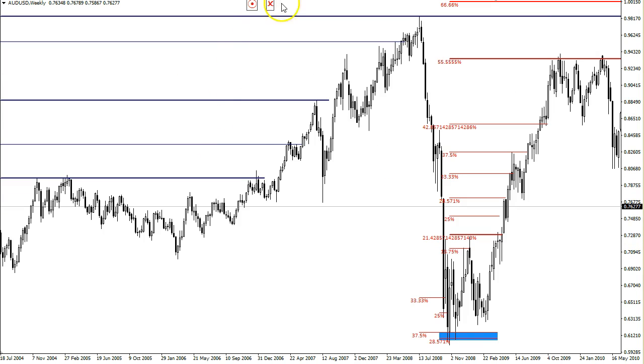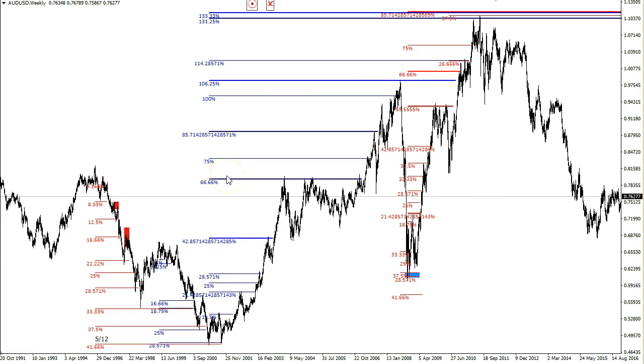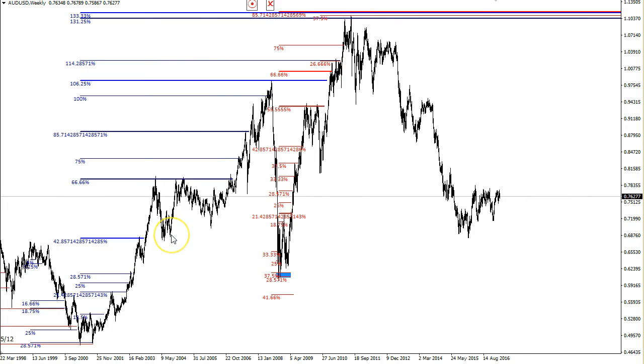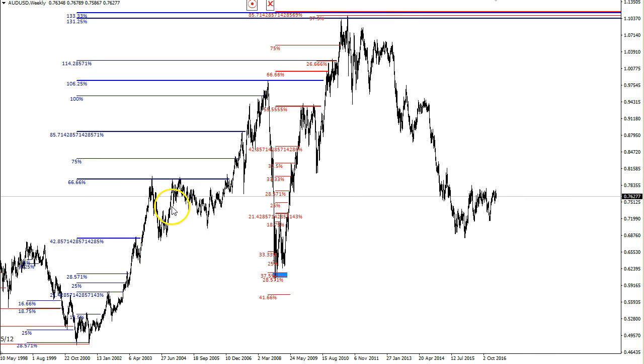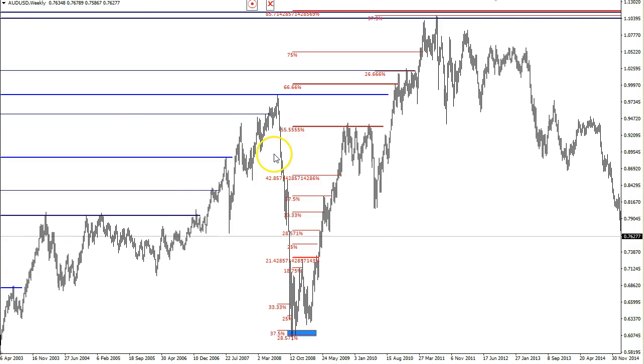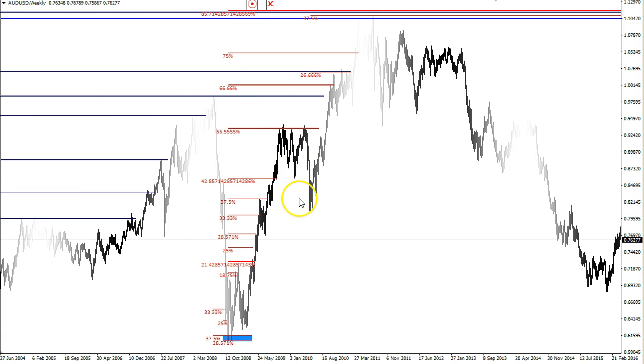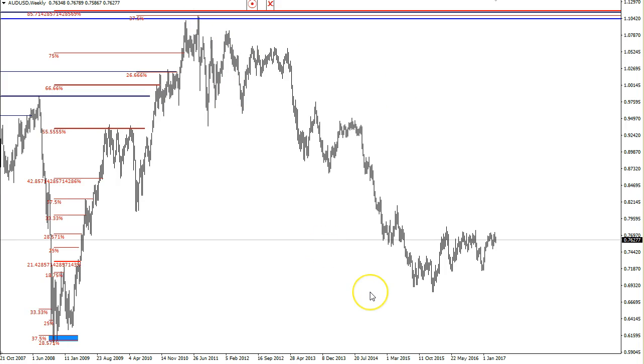Okay, so these are the most important levels that we are watching in AUDUSD. I need to study here to the downside, here to the downside, and also here to the downside.